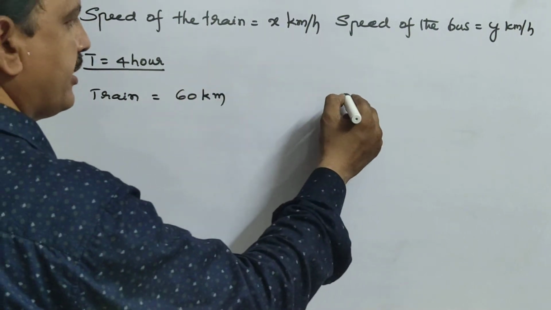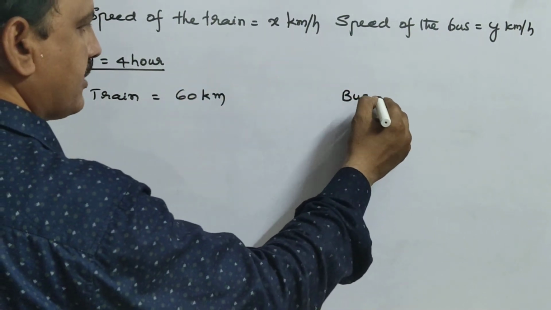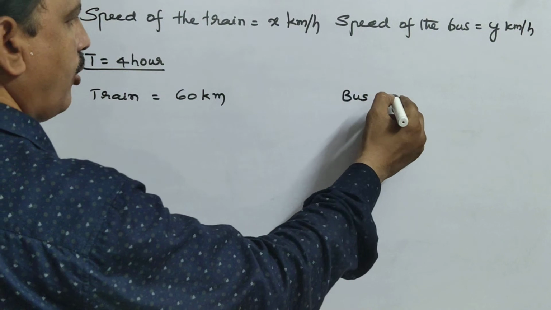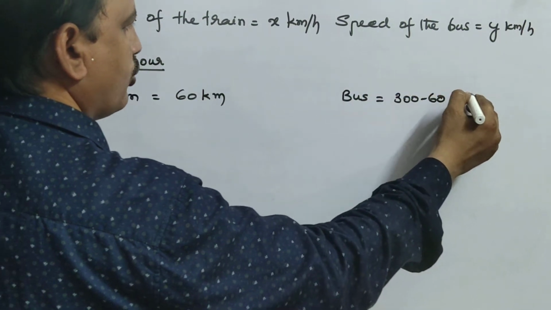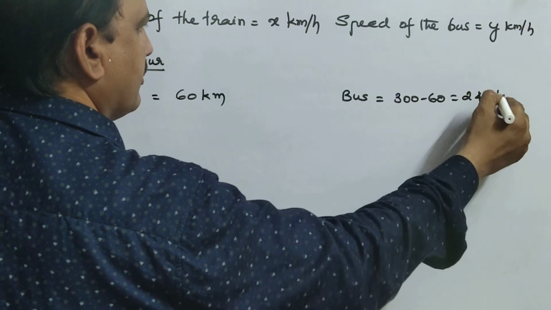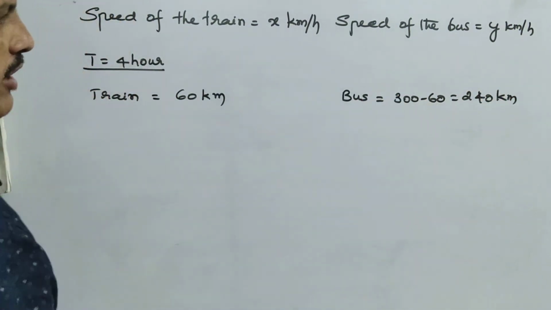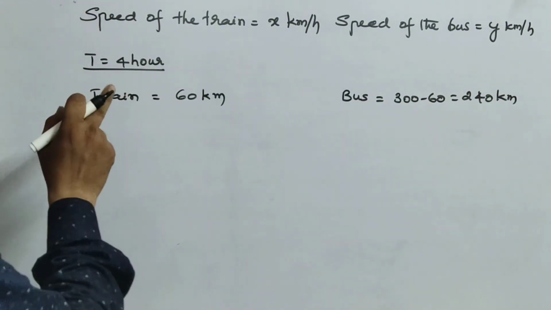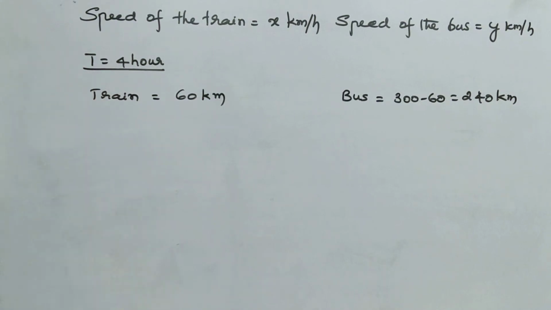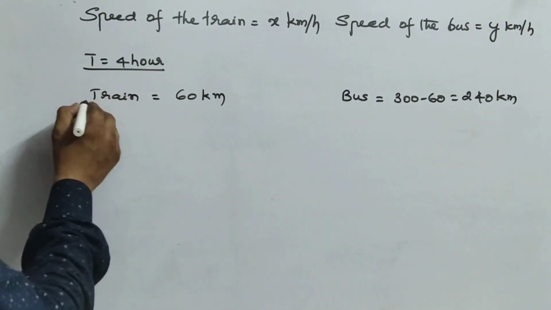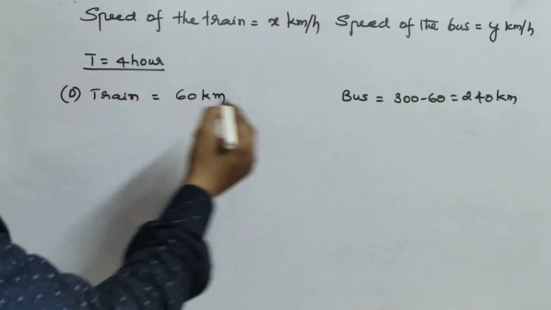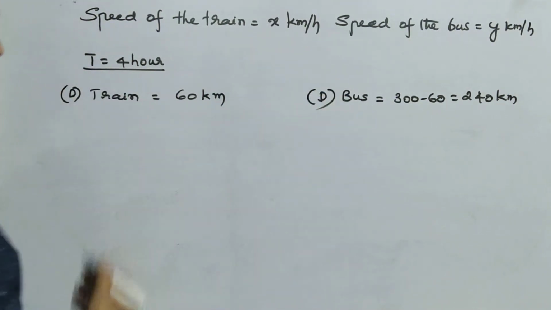So 300 minus 60, that means 240 kilometers. So she traveled 240 kilometers by bus and 60 kilometers by train. Total 300. Next. Okay, now this is the distance, and this is also distance.